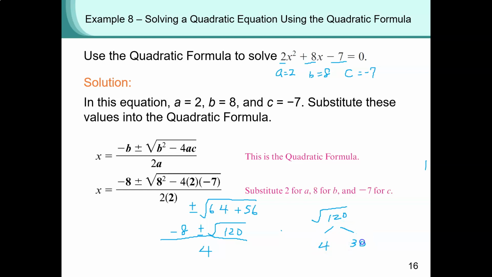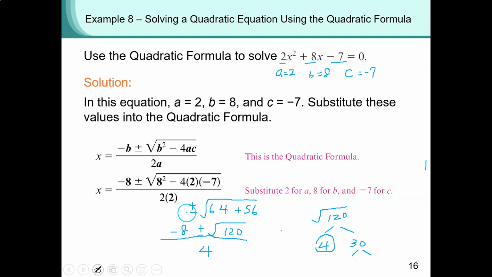So 120 divided by 4, I will get 4 multiplied by 30. Now for the number 30, I can have 3 by 10, 2 by 15, 6 by 5. So there's no other perfect square here. The only perfect square would be just 4.